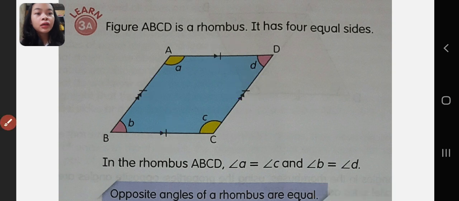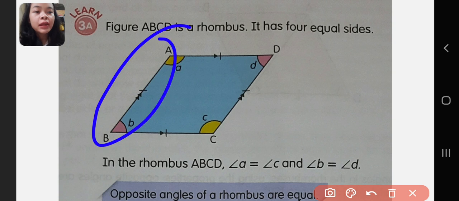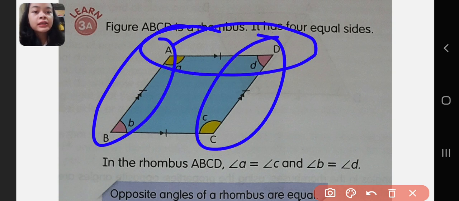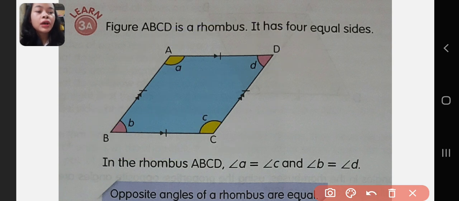And then the opposite sides, I mean the sides that are facing each other, are parallel. So AB is parallel with CD, AD is parallel with BC, sorry. Because we have learned that the sides facing each other are parallel, so the angles facing each other are also equal.